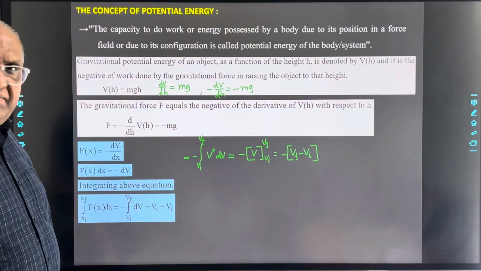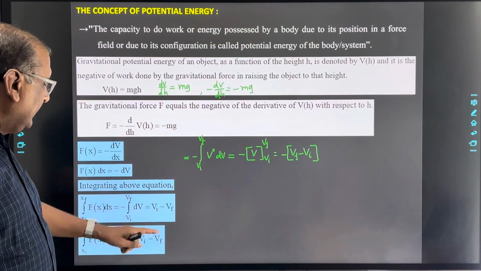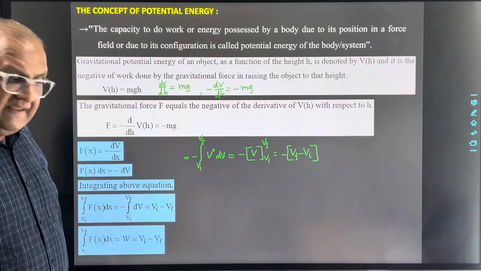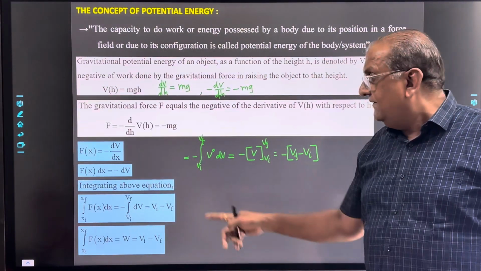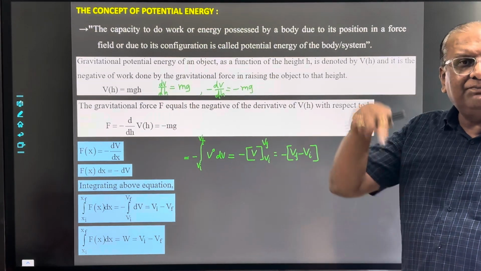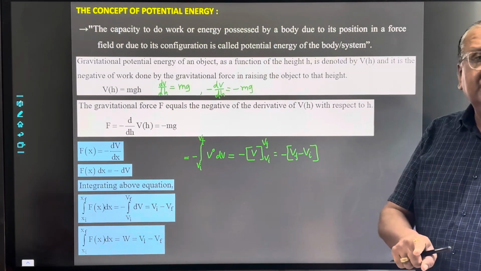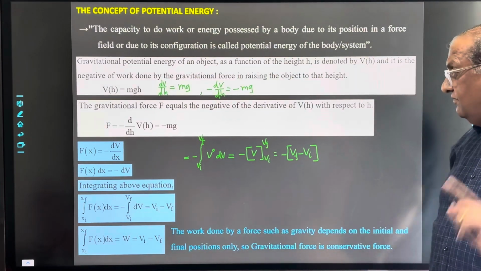Now here we can observe that the work done under the effect of the variable force depends only on the initial and final position in the given force field. It does not depend on the path through which the object or the system is moved from initial to final.